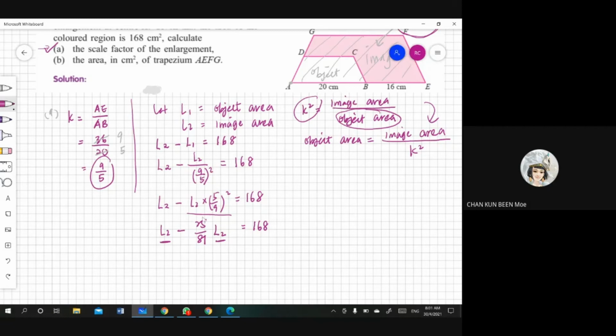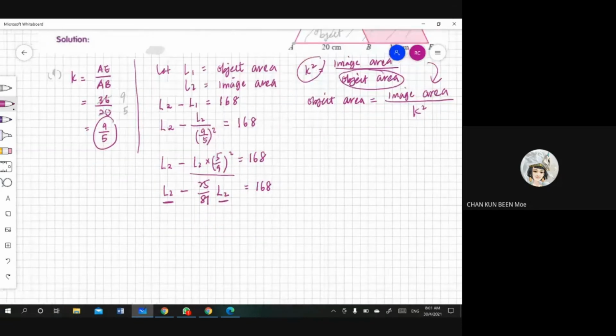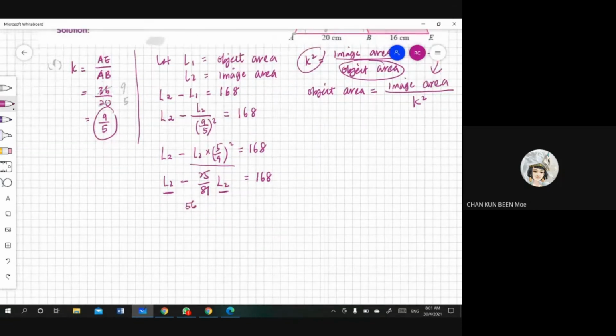So 81 minus 25, we have 56 over 81 L2. Do you know how I get my 56? Yes, right, because this L2 is 81 over 81. So it's 1 L2. So 81 minus 25, we get 56. Okay, so it's equal to 168.